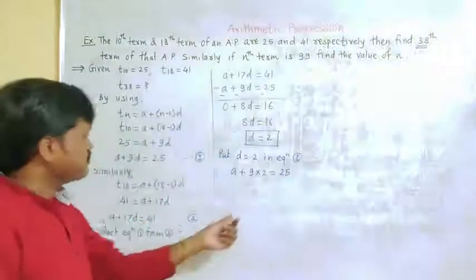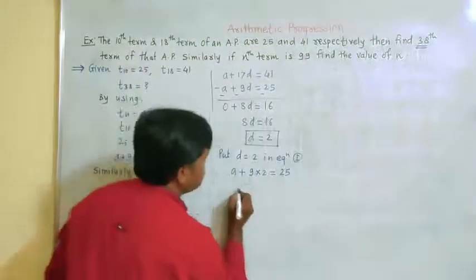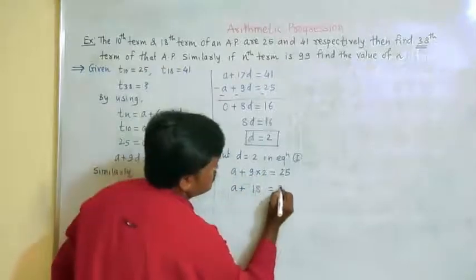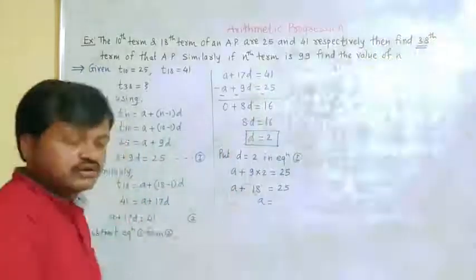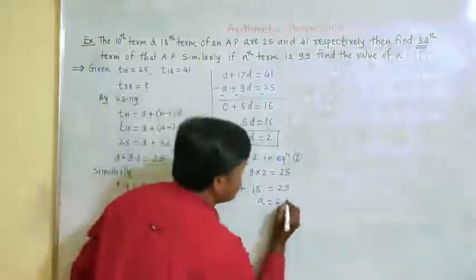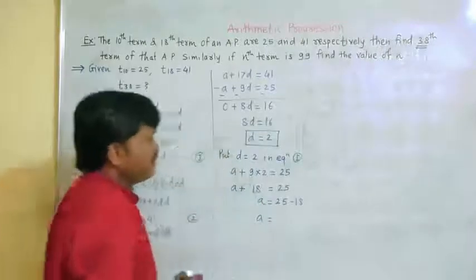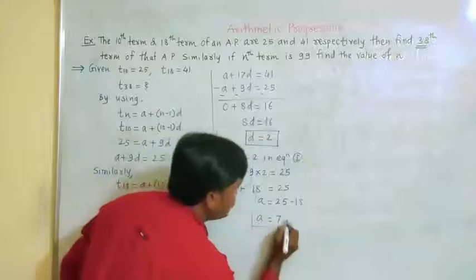That means we put the value of D as 2 here. So A plus 9 into 2, that is 18, is equal to 25. Therefore A is equal to, take this 18 on that side, it becomes minus, so 25 minus 18. How much is it? That is 7. So we get the value 7.